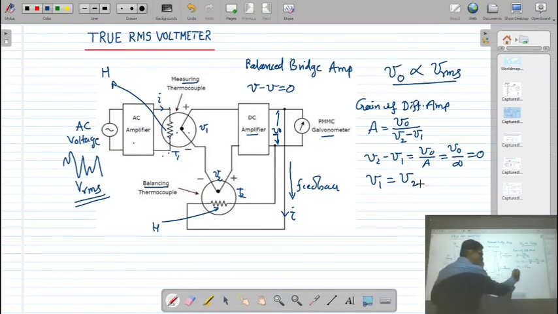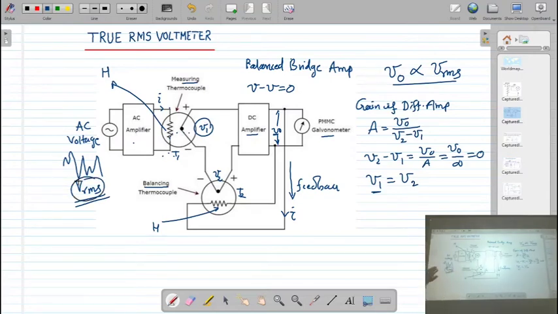Now what is V1? This V1 voltage is going to be produced due to the RMS voltage of the input signal. Remember, it is produced due to this RMS voltage of the input signal. So here we can write V square RMS.